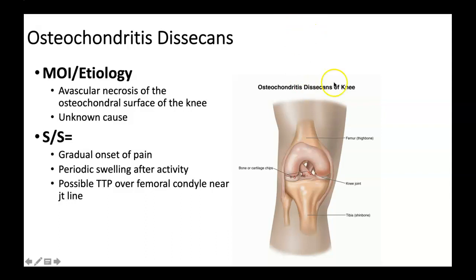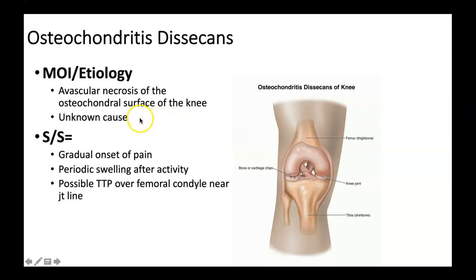What might I mean by osteochondral surface? Remember, I said the femur is lined with lots of hyaline cartilage, right? So essentially, what we typically see in an osteochondral defect is some type of fracturing or irritation to the articular cartilage or the hyaline cartilage, which protects the distal femur.